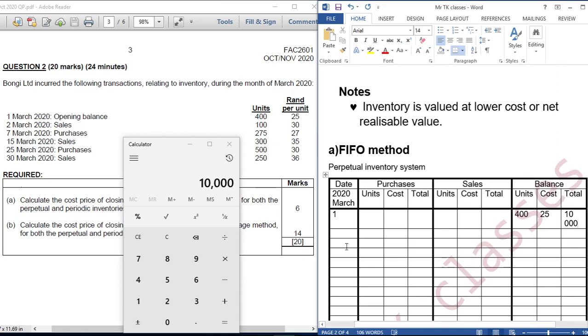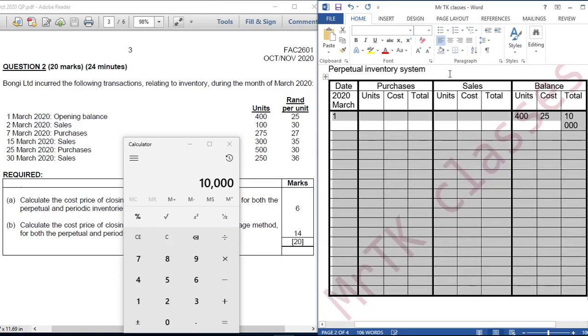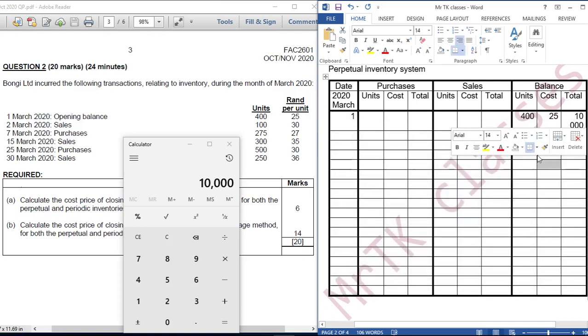Okay, so this is our inventory value at the beginning.